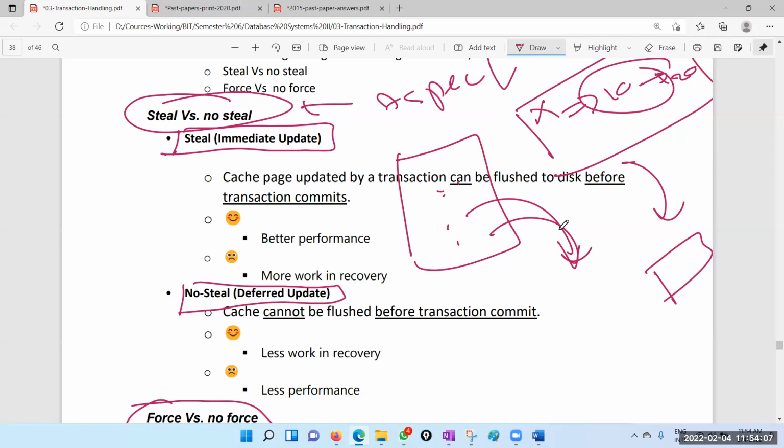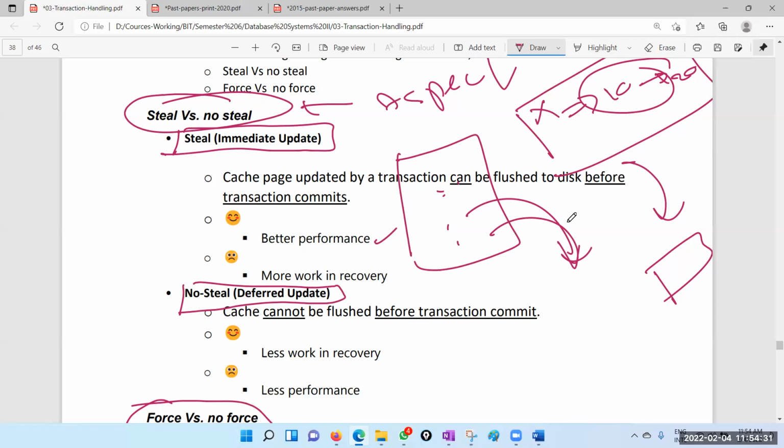Immediate update gives you better performance because you don't wait until commit to do the writing back. It doesn't mean that we are always writing. When we write periodically, if there are still uncommitted things, we don't delay it. We just write that together with other changes.